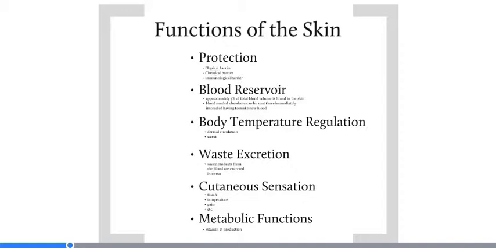It plays an important role in body temperature regulation, and it is a site of excretion of some of the small molecule wastes found in our blood. It's the largest sensory organ in our body and has a particular set of stimuli that it deals with directly. And then there's also a metabolic function that the skin is the site of taking place.